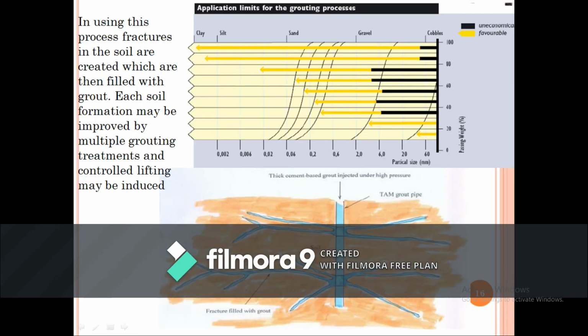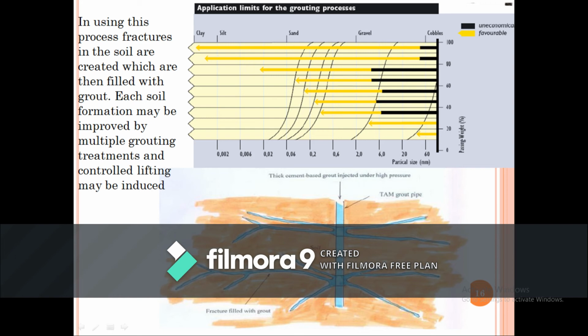Look at the picture of the site, how it is. Here you have two pictures. One gives you an idea about how compaction grouting is being done in the site.